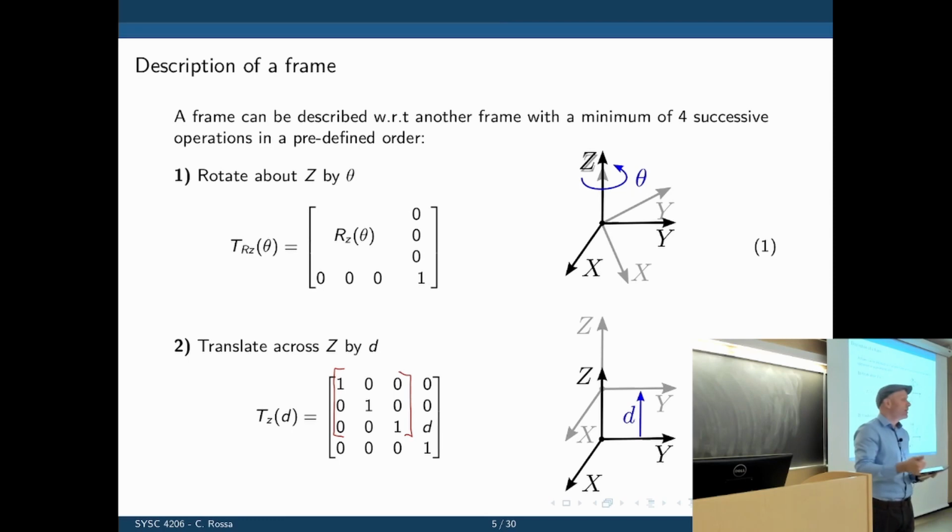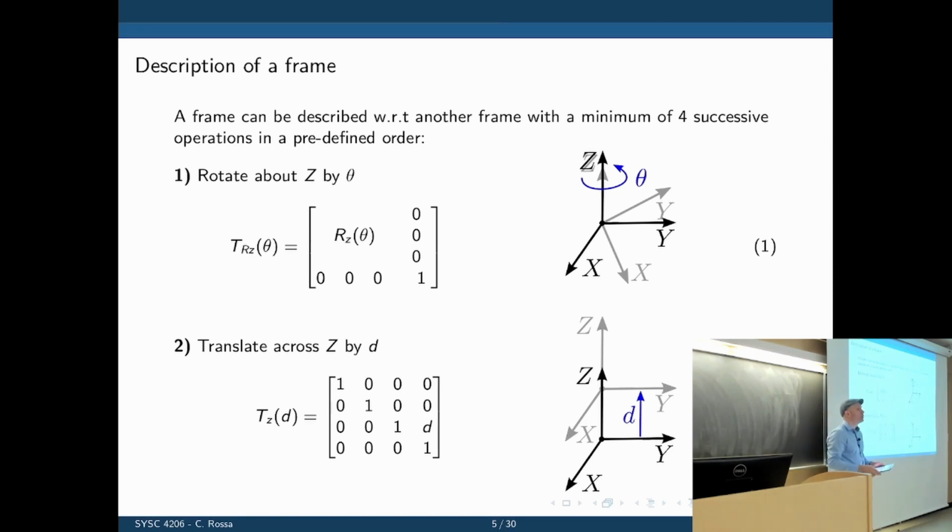So we have an identity matrix indicating that the axes are aligned, but they are shifted in space across Z by amount D. So that B origin vector now has three components still, 0 in X, 0 in Y, and D across Z, because you're simply shifting that up across Z. Does that make sense? So far so good? So that is the second operation.